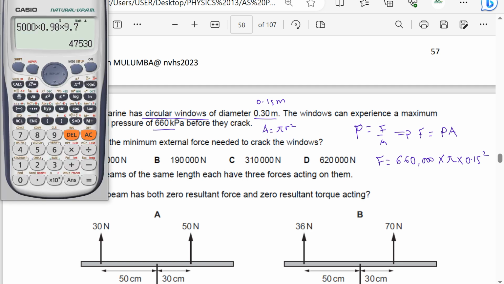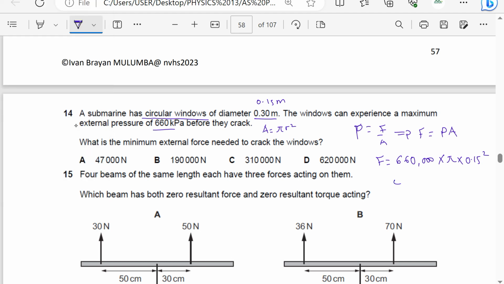So 660,000 times pi times 0.15 squared. This is giving me 46,653 approximately, which is approximately 47,000 newtons. So the answer is going to be A.